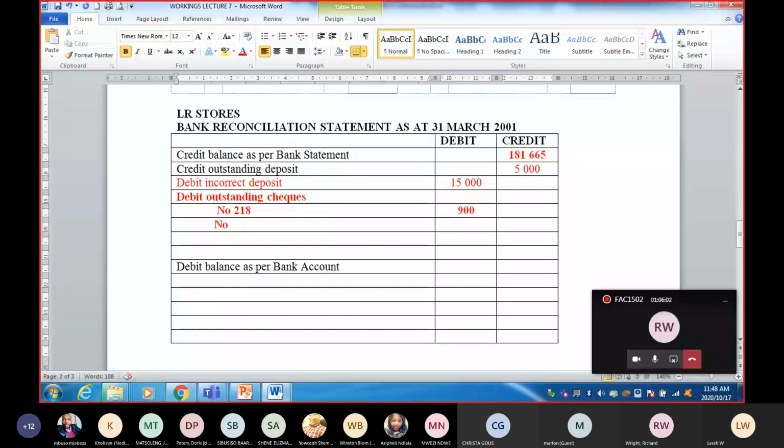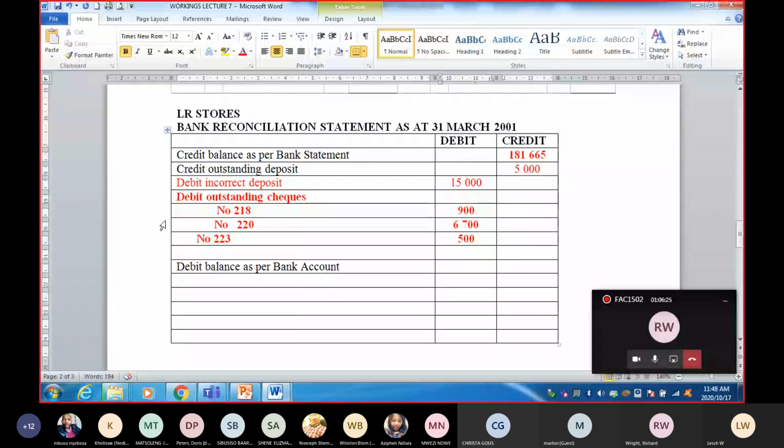So the entry in the bank reconciliation statement would be debit outstanding checks. We've got check number 218 outstanding to the amount of 900 rand. Check number 220 for the amount of 6,700. The next check outstanding will be check number 223, for 500 rand.